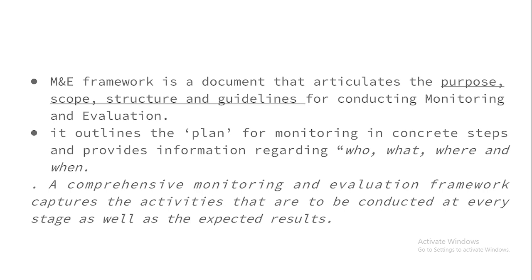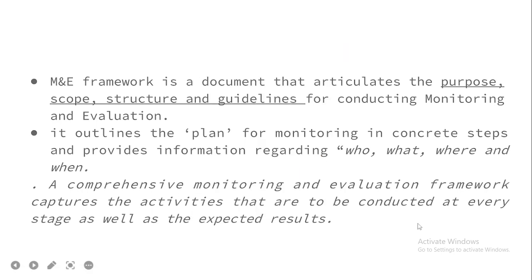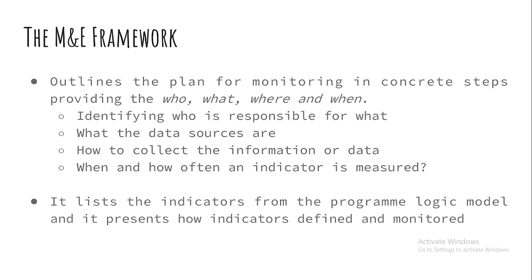A comprehensive monitoring and evaluation framework captures activities that are to be conducted at every stage, as well as the expected results. So for you to come up with a comprehensive monitoring and evaluation framework, you need to capture all the activities that will be conducted at every step, as well as the exact expected results.